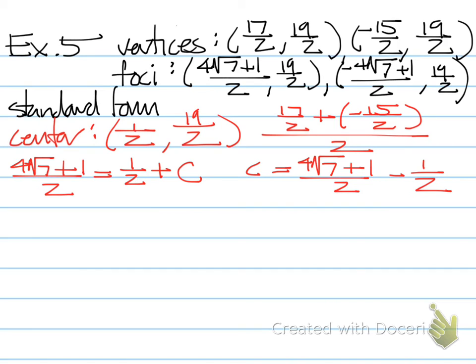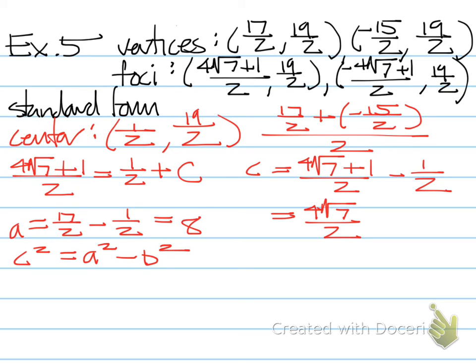So when we subtract 1/2 from 4 root 7 plus 1 over 2, we have a common denominator. We get 4 root 7 over 2. So that tells us that A is equal to 17 over 2 minus 1/2, which is 8. C squared equals A squared minus B squared.